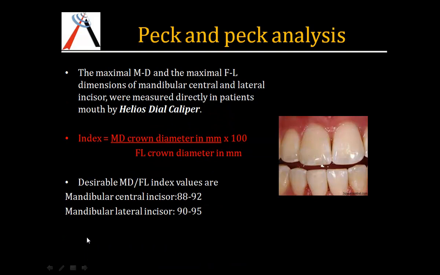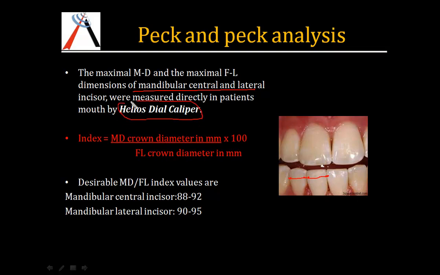Next is the Peck and Peck analysis. The maximum mesiodistal and the maximal faciolingual dimensions of the mandibular central and lateral incisors are taken into consideration directly in the patient's mouth using a Helios dial caliper.